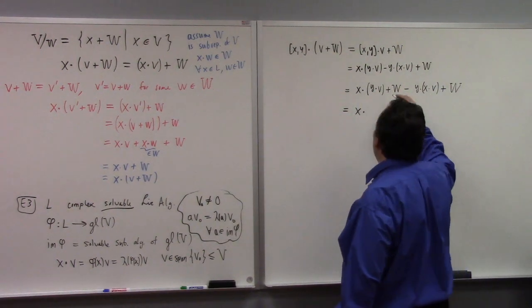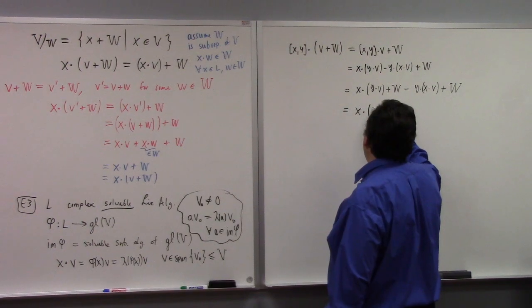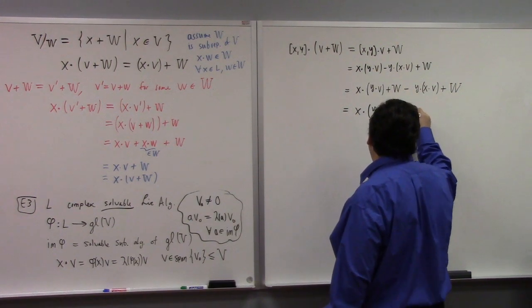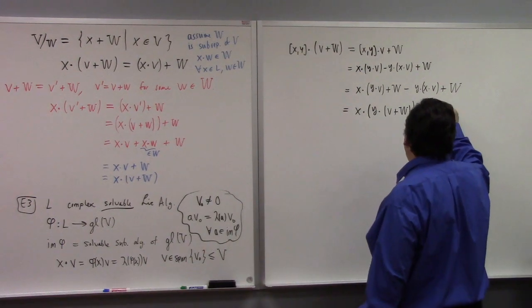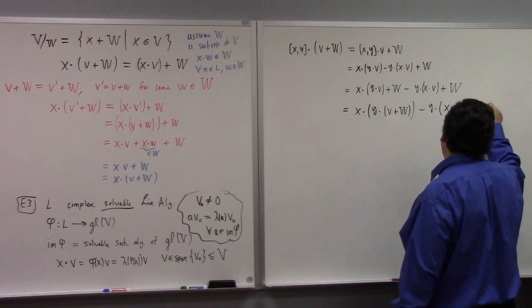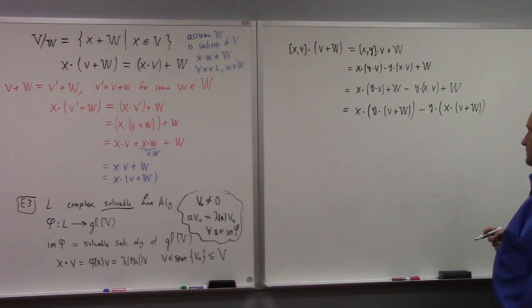Yeah, I mean, yeah, this is right. This is x dot y dot parentheses v plus w, right? Minus y dot parentheses x dot parentheses v plus w. And then that's what we're trying to prove.